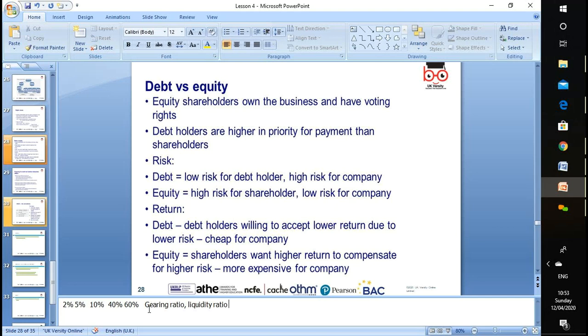Equity is high risk for the shareholders and low risk for the company. On return, debt holders are willing to accept lower return due to lower risk, and it is cheaper for the company. Equity holders want a higher return to compensate for the higher risk, and it is more expensive for the company. So you need to ask that question and make the decision accordingly.